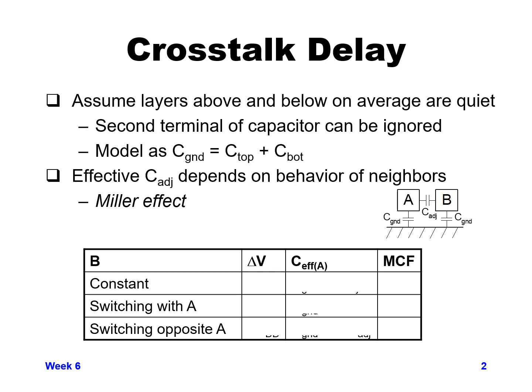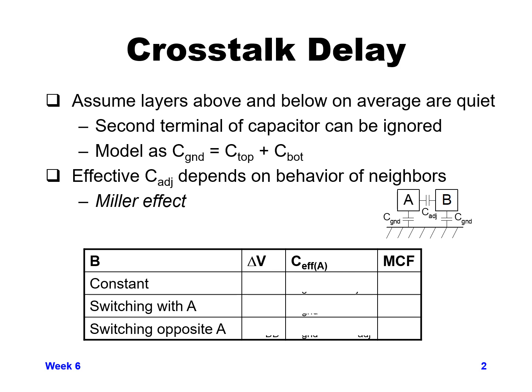And so the capacitance between wire A and B is C adjacent, and we'll see how C adjacent depends on the behavior of the neighbors. And this is what we're going to be measuring below, what's called the Miller effect or Miller coupling factor.